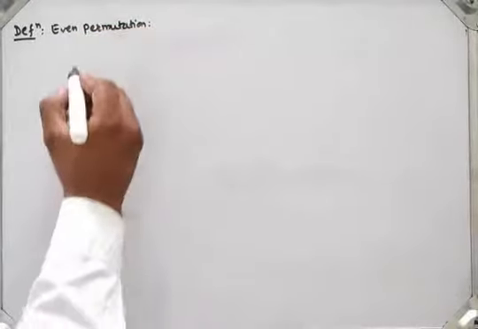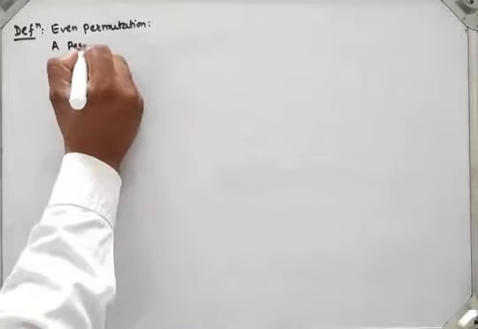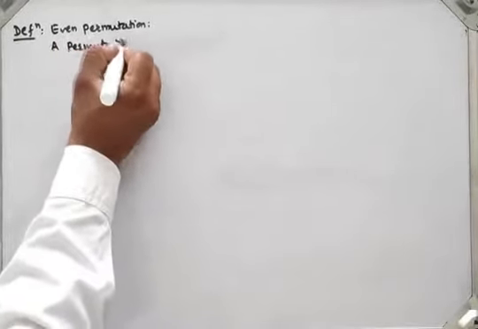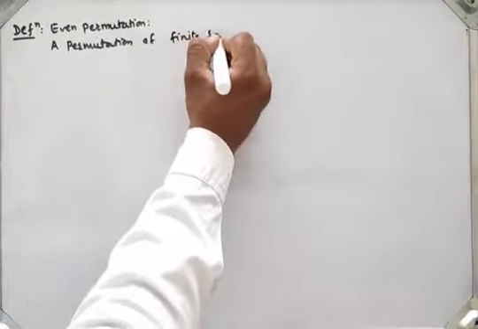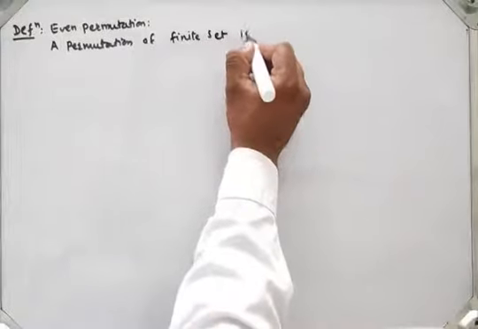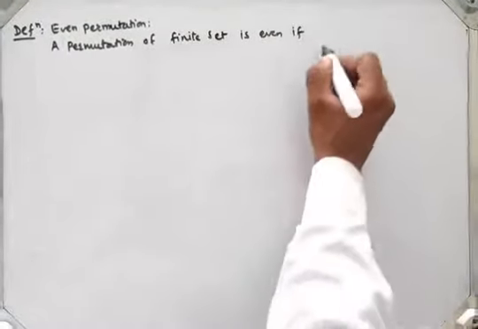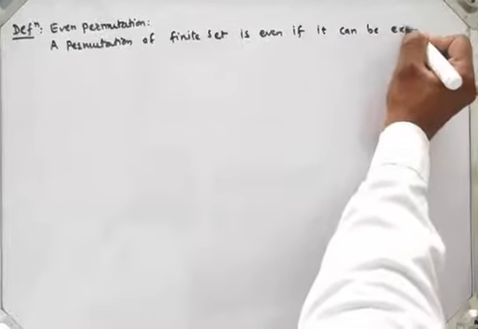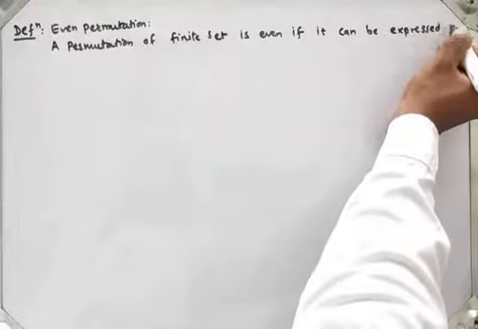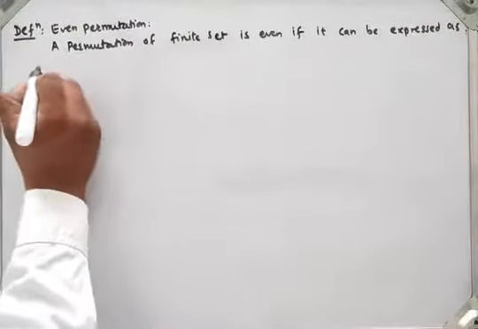A permutation of a finite set is even if it can be expressed as a product of an even number of transpositions.